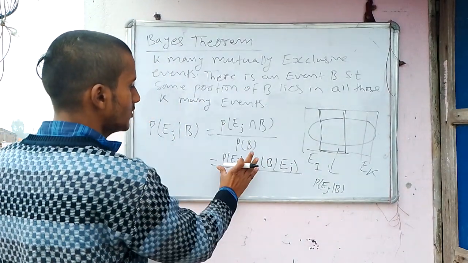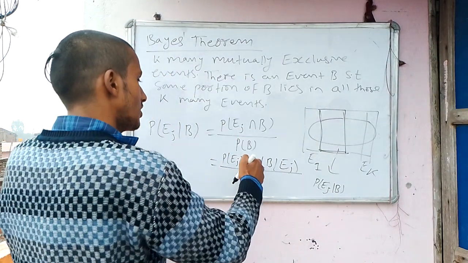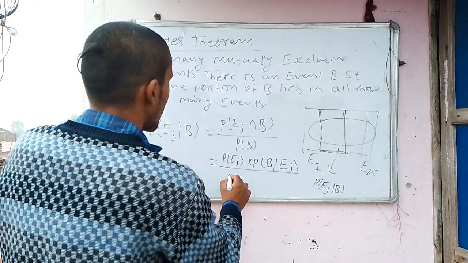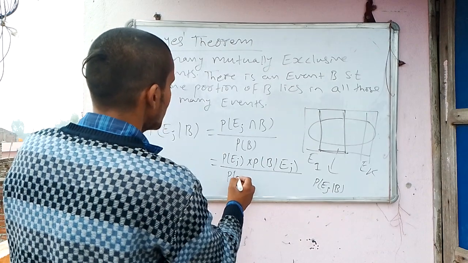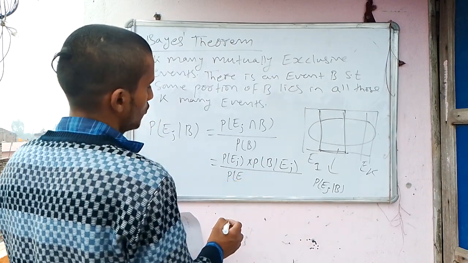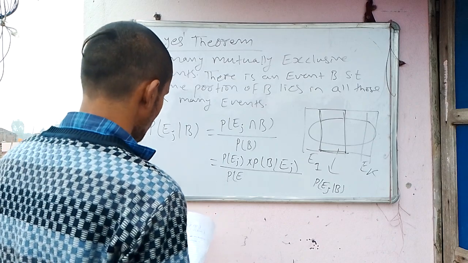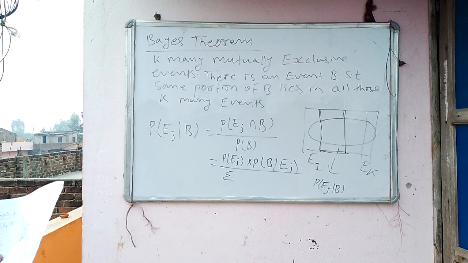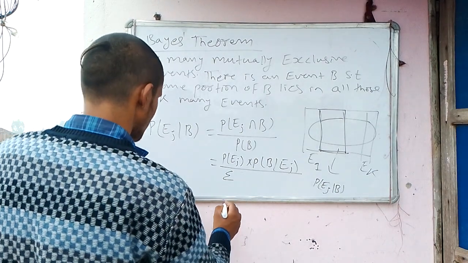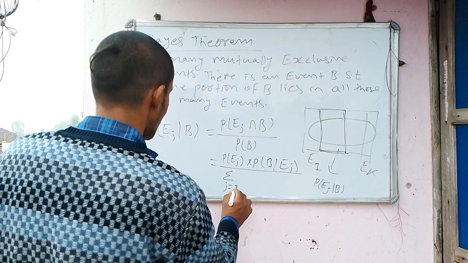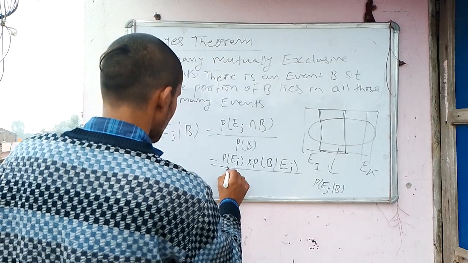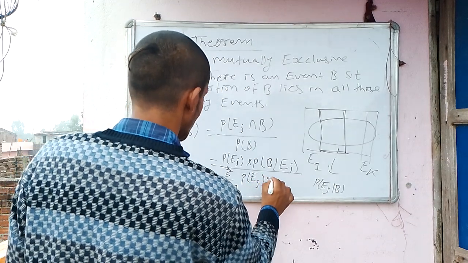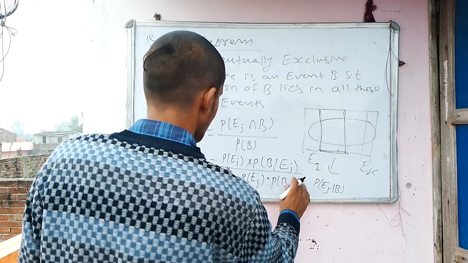Then you can write the numerator like this, and using the total probability rule, we can write probability of B as the summation from J is equal to 1 till K of probability of EJ times probability of B given EJ.